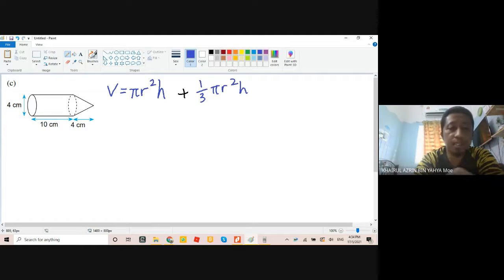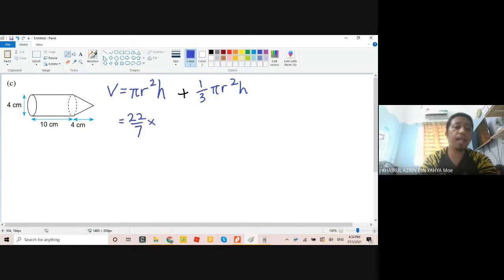Next, pi. In this case, I want to use 22/7. 22/7 times r. R is not 4. 4 is actually the diameter, so we need to divide 4 by 2.